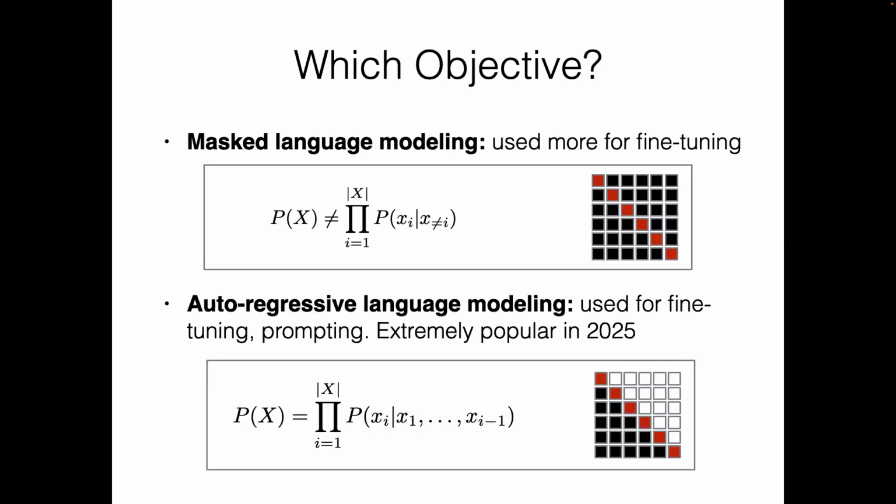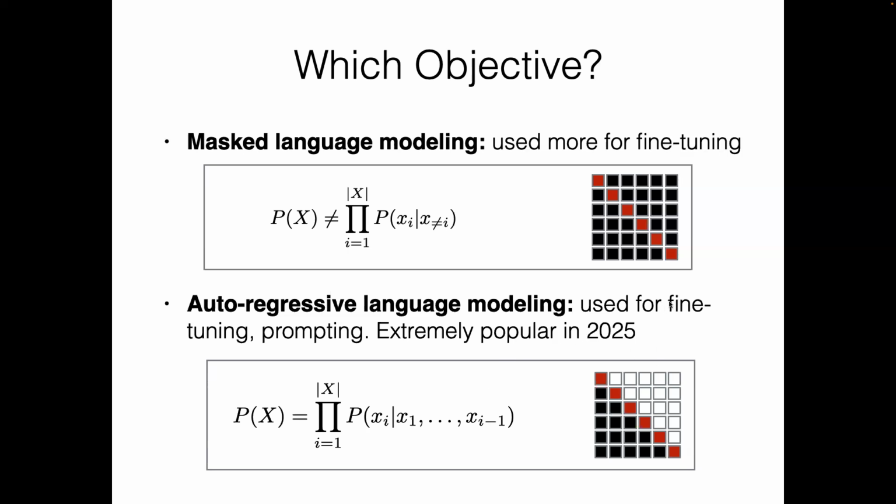And then there's auto-regressive language modeling. This is the one that we've seen come up; I've mentioned it a couple times now. Here you have a model predicting tokens from left to right, and that amounts to predicting the next token in a sequence given the previous ones.